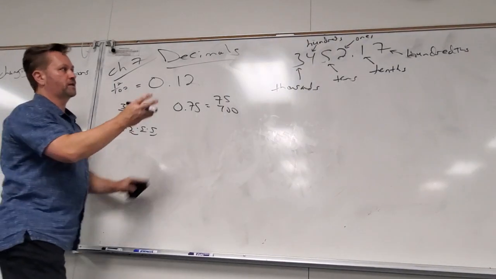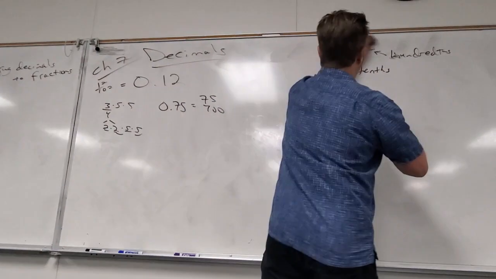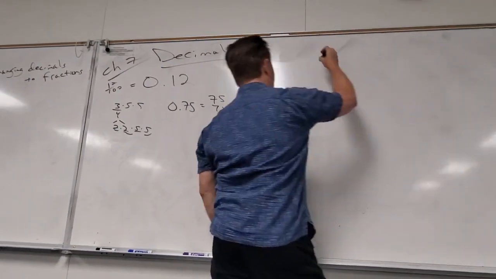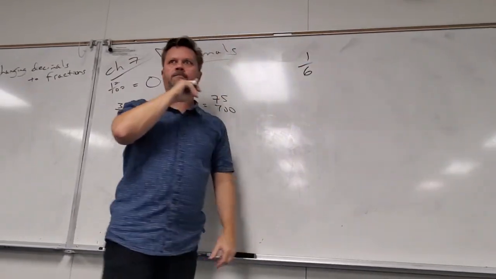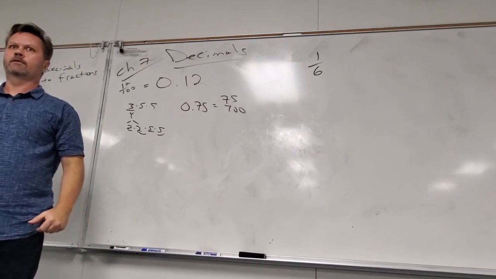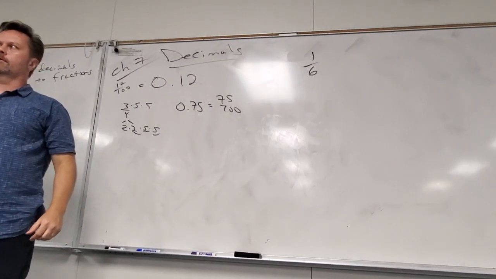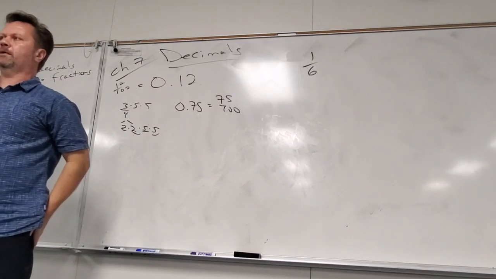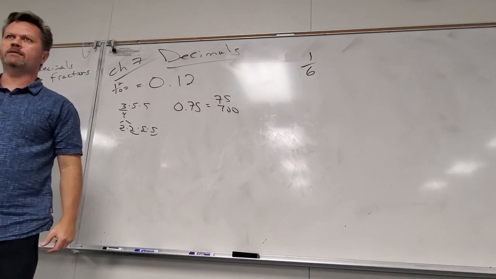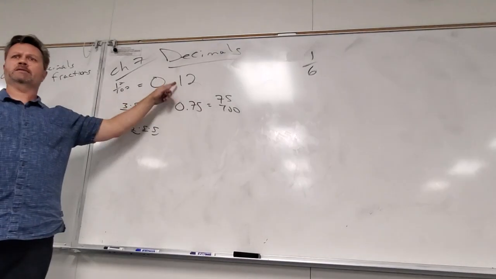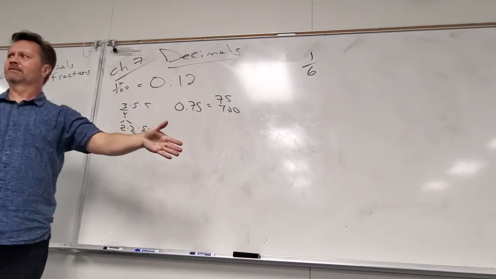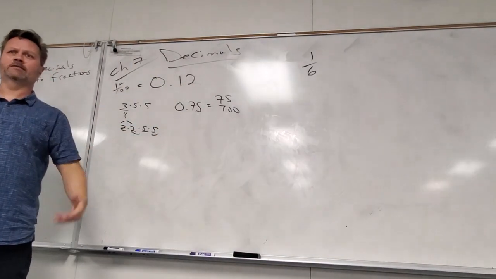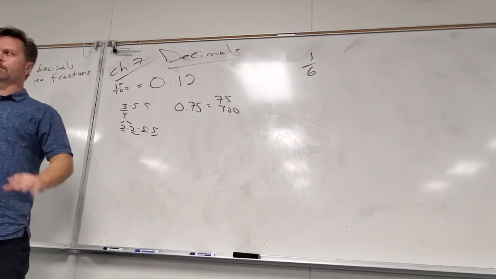If the bottom, for example, if I have 1/6, can that become a, and I keep saying this, I want to make sure you guys are with me, terminating decimal? Why is that terminating? Because it stops, right? Okay. So everybody with me?